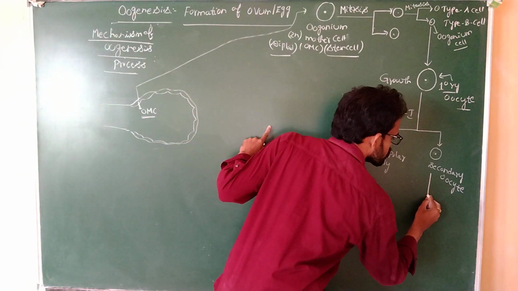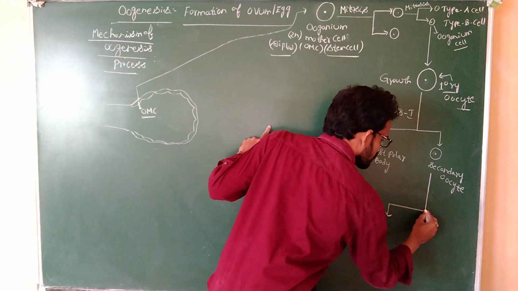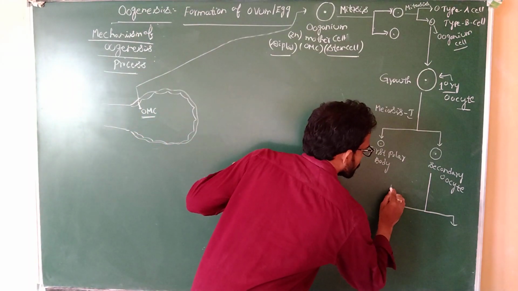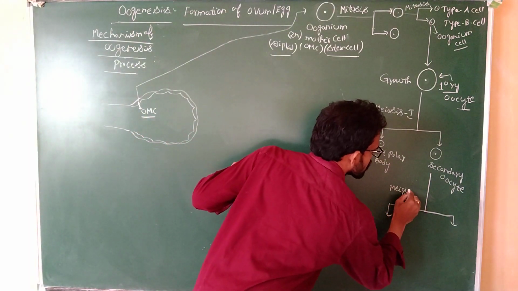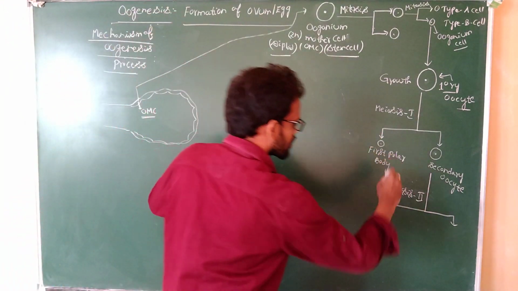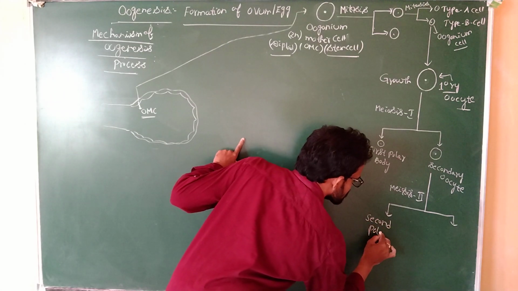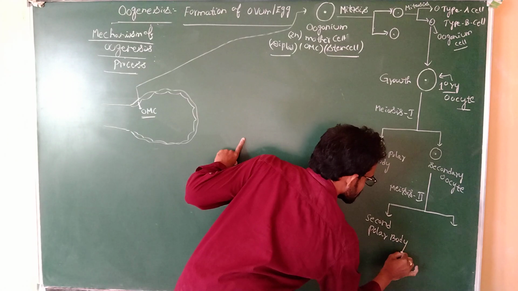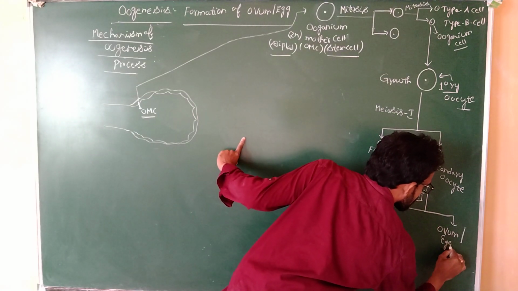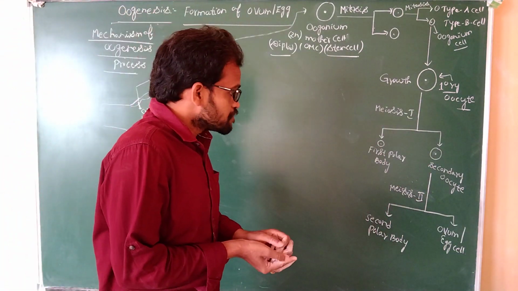The secondary oocyte again participates in the meiosis 2 process and is converted into the second polar body and the ovum or egg cell. See here.